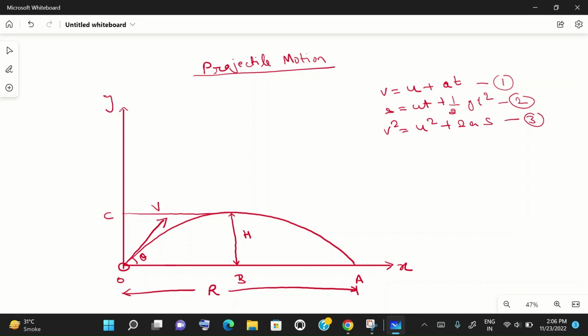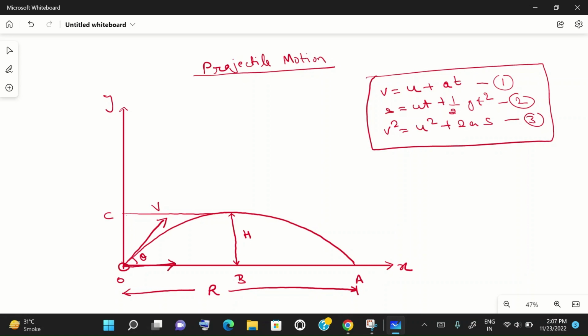We will use these three equations to solve all the projectile motion problems. We can use the direct formulas which we will derive, or we can use these three equations also. So let's see the value of the components of this v.